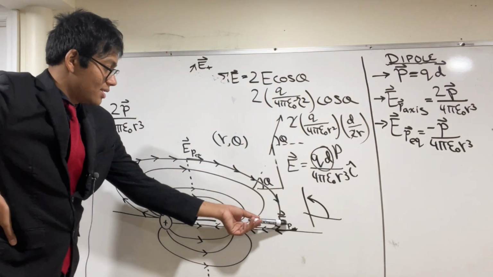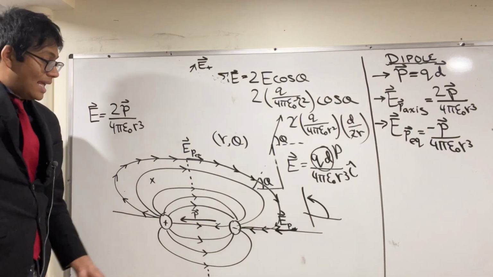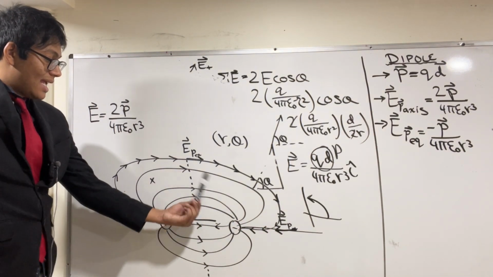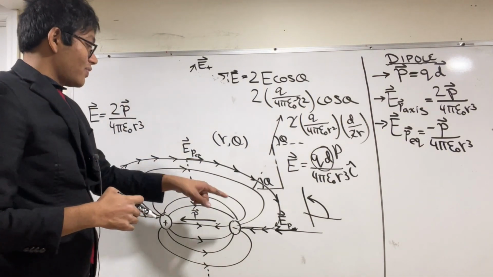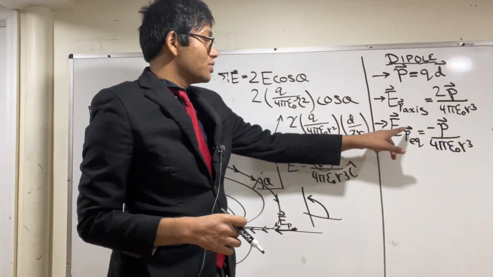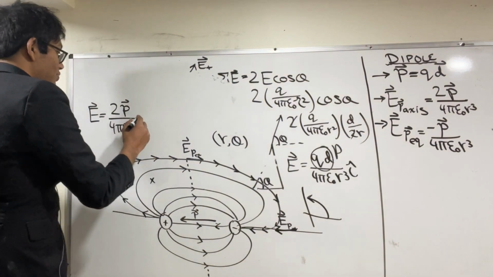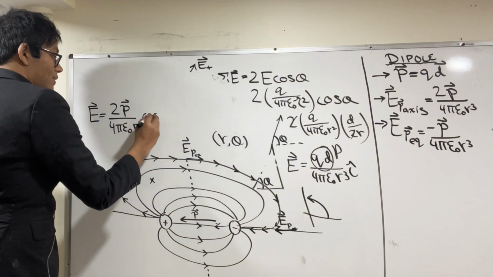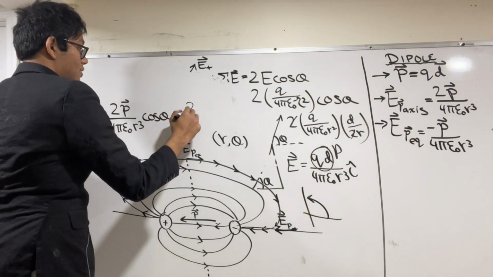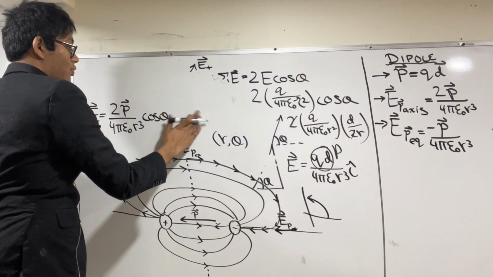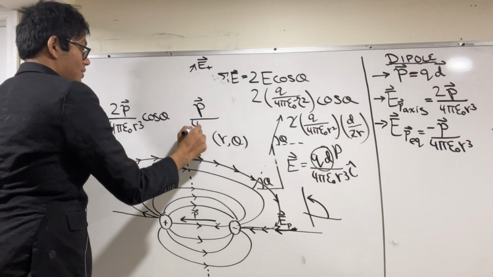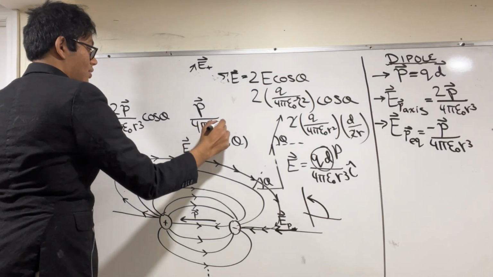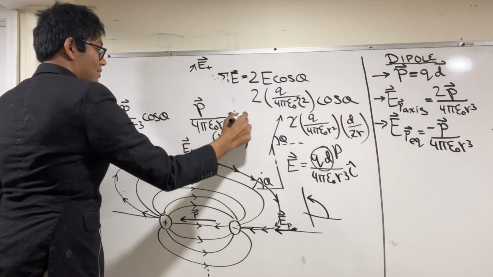Well, certainly this guy is going to decrease, right? And what do I know decreases as theta increases? Cosine. So I'm going to assign the electric field due to the dipole on the axis to cosine theta, and the electric field due to the dipole on the equator to sine theta, so that it increases as you go up. 4 pi epsilon naught r cubed sine theta.